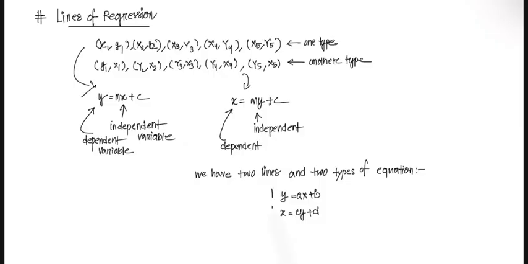This part is the dependent part and this is the independent one. Got it?